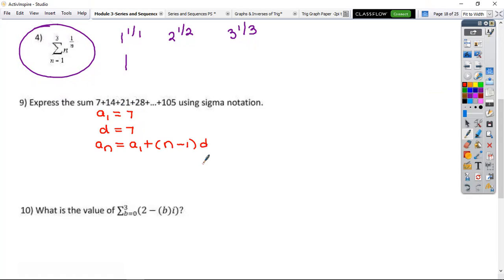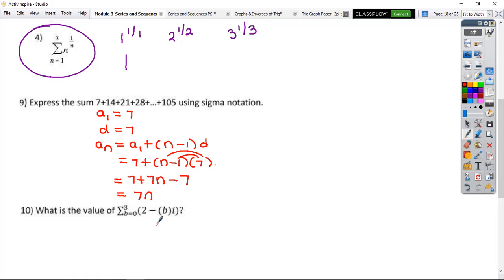And again, you're just going to leave the n there. So this is equal to 7 plus n minus 1 times 7. Distribute and combine like terms. So I have 7 plus 7n minus 7. That works out nice. So your 7s are going to cancel, and your formula is 7 times n.